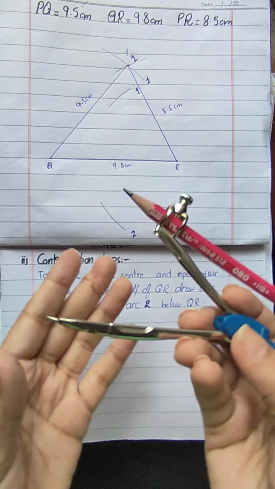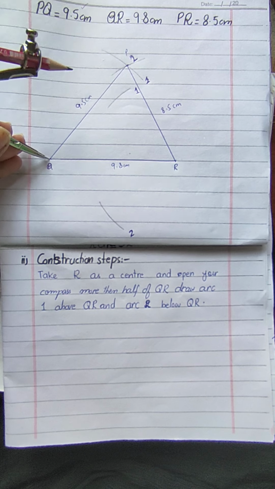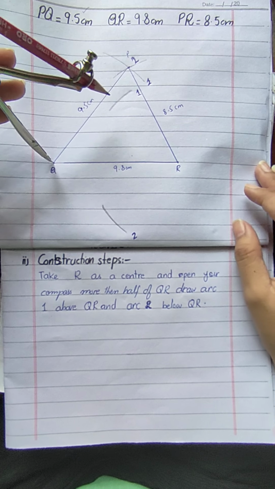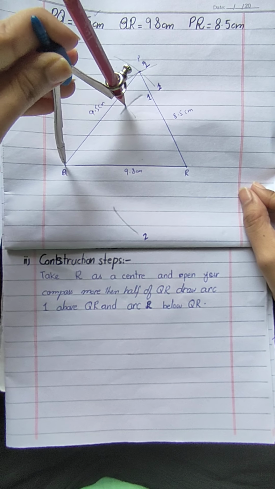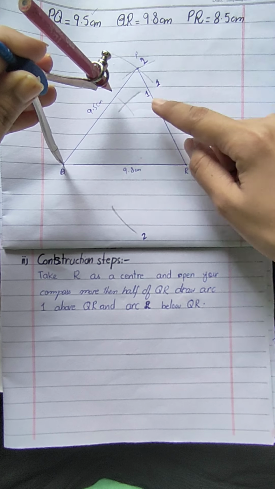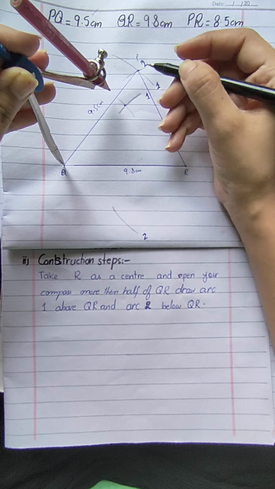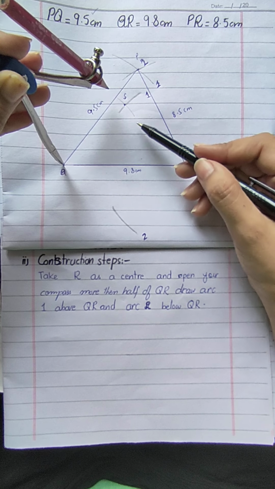The same procedure we will do by keeping your compass on point Q. Now with the same radius I will put my compass on point Q and draw an arc which cuts the first arc at a point. The point is S. Arc 3.